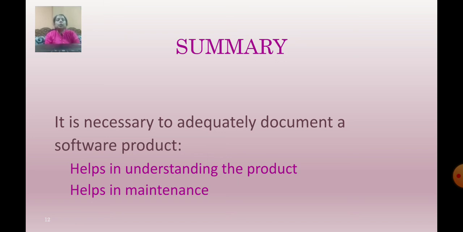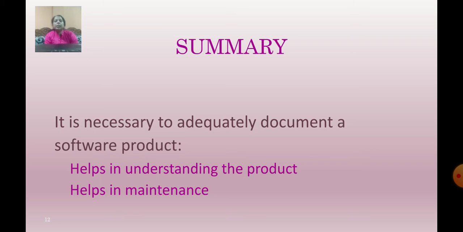So this is all about internal and external documents. Internal documentation means documentation within the source code, and external documentation means documents other than the source code, like the user manual, maintenance and installation manual, test case design document, and SRS document. These are some external documents.